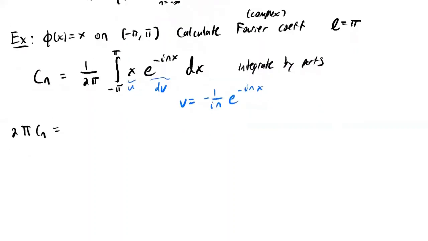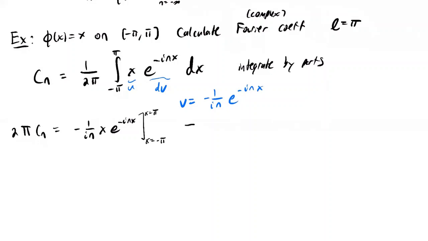And so this tells me that 2 pi Cn is going to be equal to, now let me evaluate this integral using integration by parts. I have u times v, which is minus 1 over in times x e to the minus inx, evaluated between minus pi and pi.